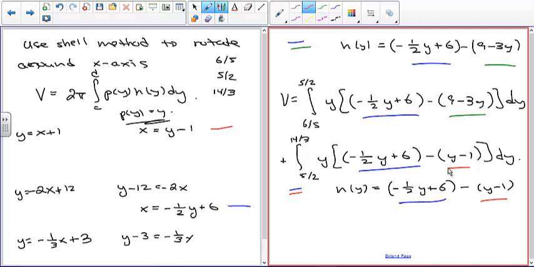We've got one more to do here, and that's using the washer method around the y-axis. But again, we've already got the equations in terms of the right variables. We have the limits of integration, so it'll be a piece of cake, right?